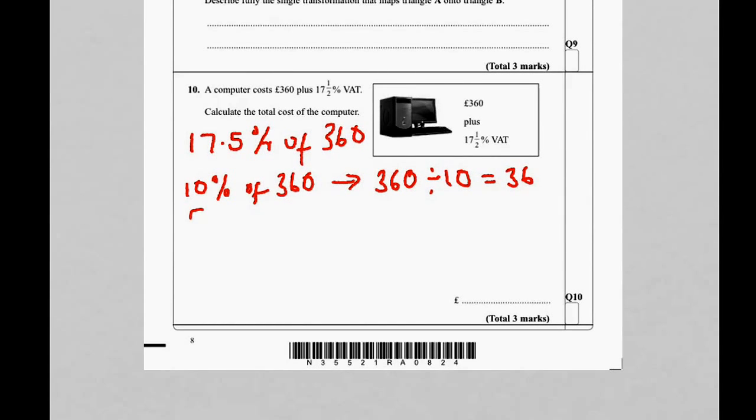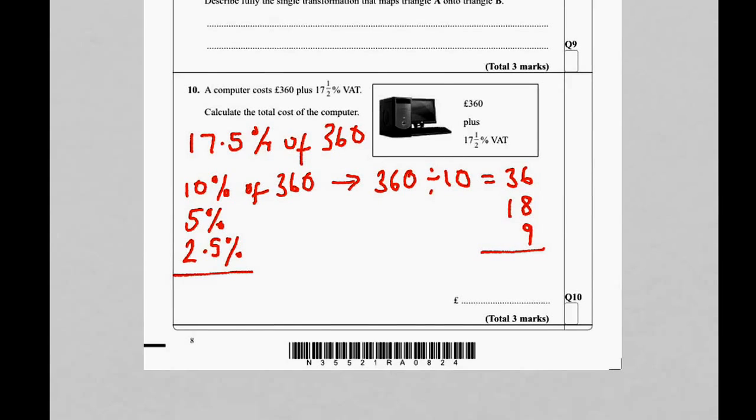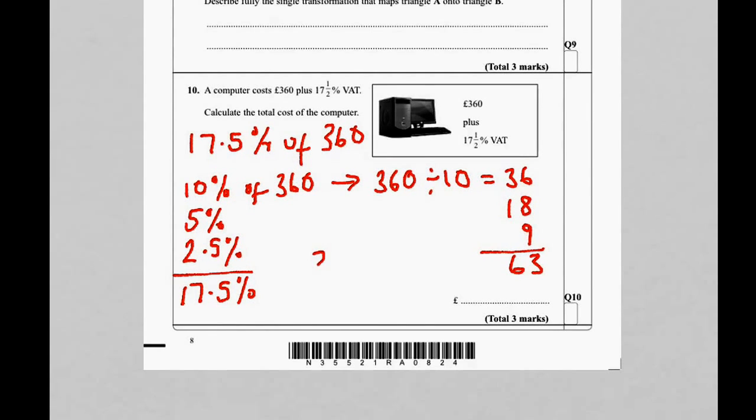You could then half that to find out 5%, which would be 18. You could then half that again, that would be 2.5%, which would give you 9. And if you add those together, you get 17.5%. If you add these together, 36 add 18 add 9, you get 63. That's your 17.5%, which you can then add to 360, 360 add 63 gives you £423.